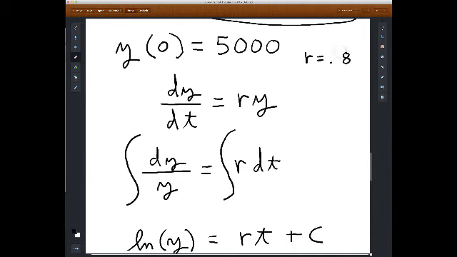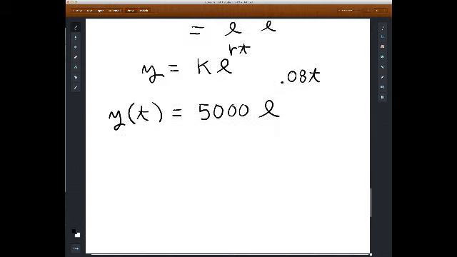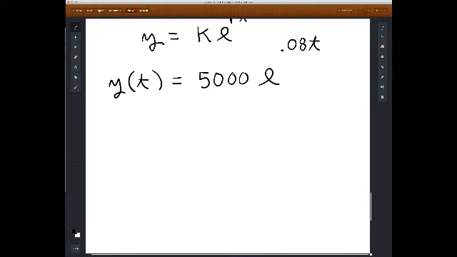Okay, so the r is 0.08, and I have to get rid of this. So the interest rate is 0.08 times t. Now the question is, what is the value of this account after 18 years? There we simply calculate the value at time t equal to 18.